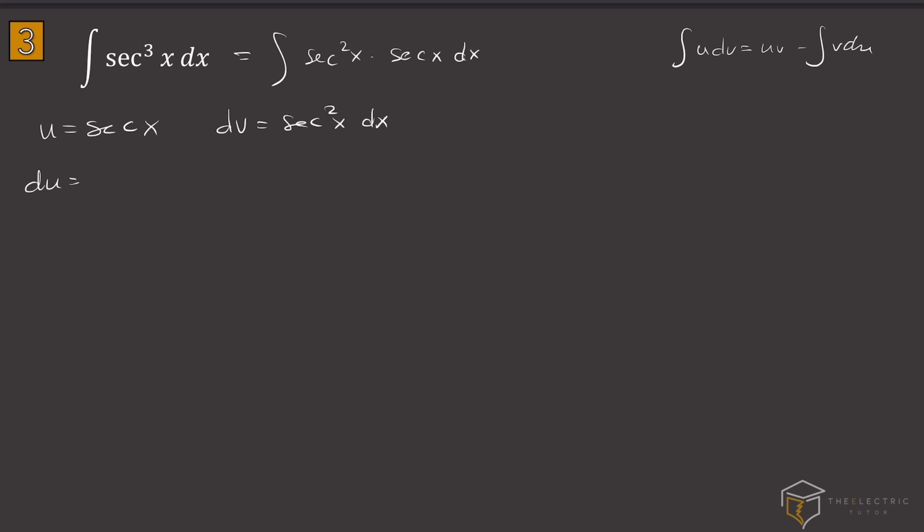Now, as always, I find my du and my v. So du is going to be secant times tangent dx, and v is just going to be tangent. So the integral of secant cubed is going to be uv minus the integral of v du.